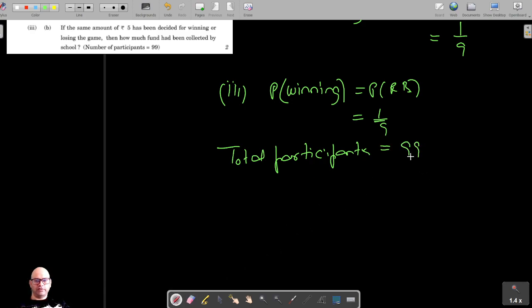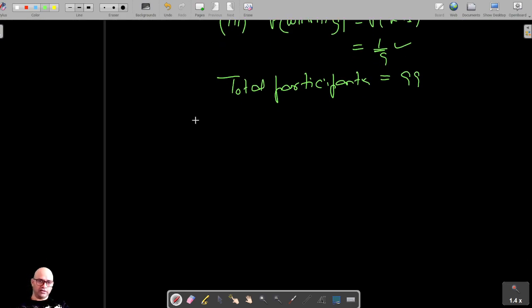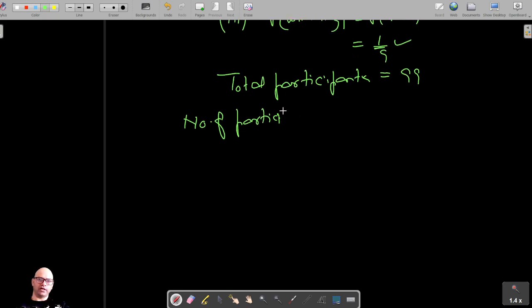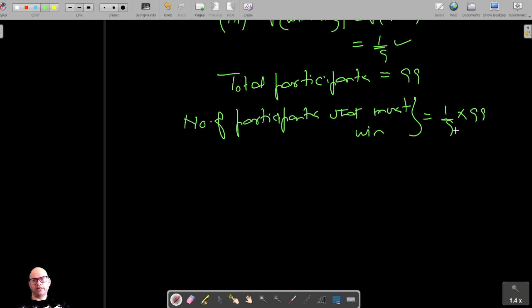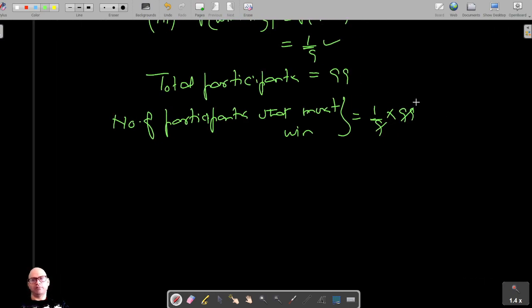Now, if total participants are 99 and the probability of winning is 1 by 9, the number of participants that must win out of 99 is the probability of winning multiplied by the number of participants, which is 11.